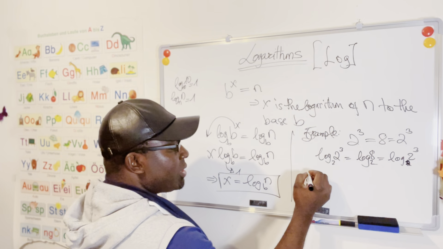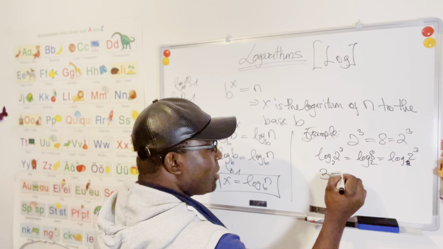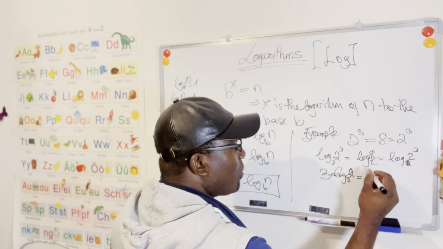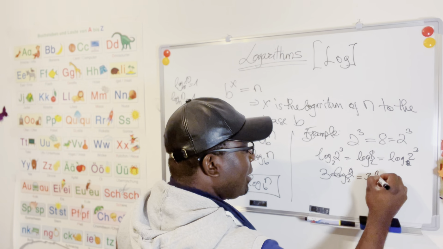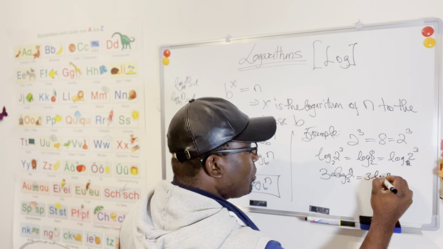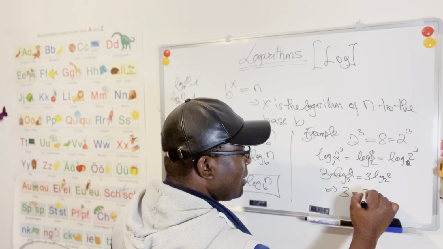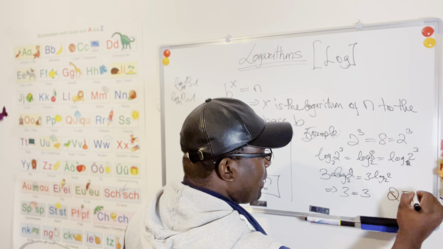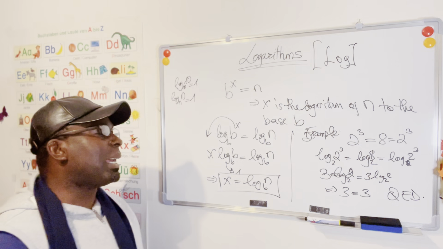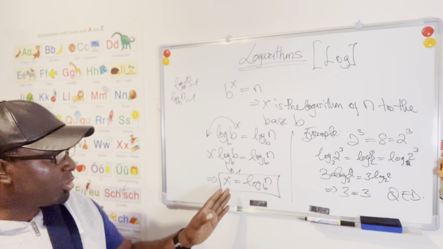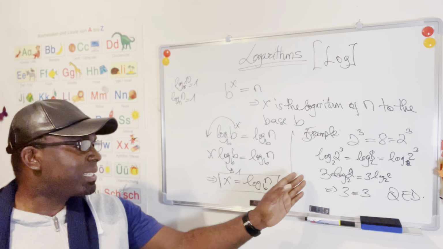So this 3 comes in front. We now say 3 log 2 base 2 is equal to 3, since log 2 base 2 is 1. So that is just to prove this point.